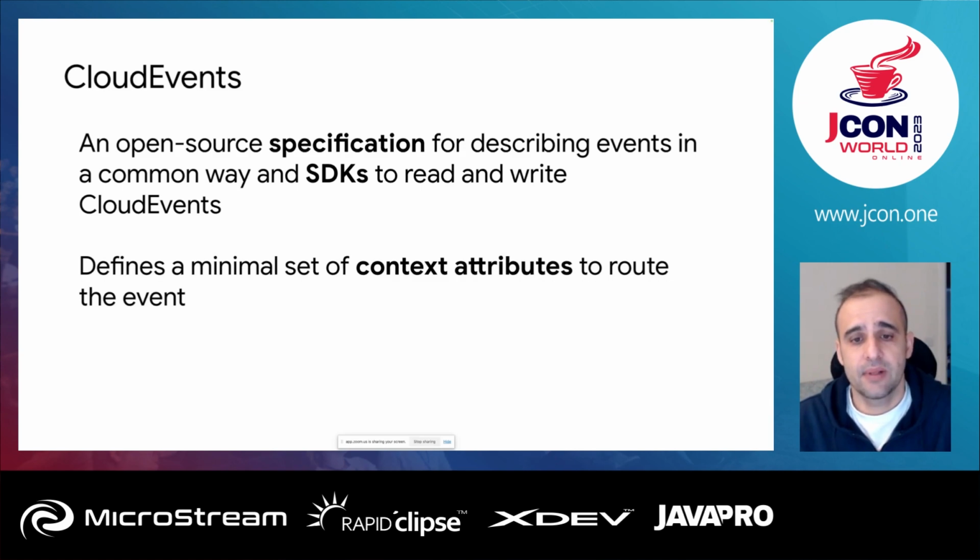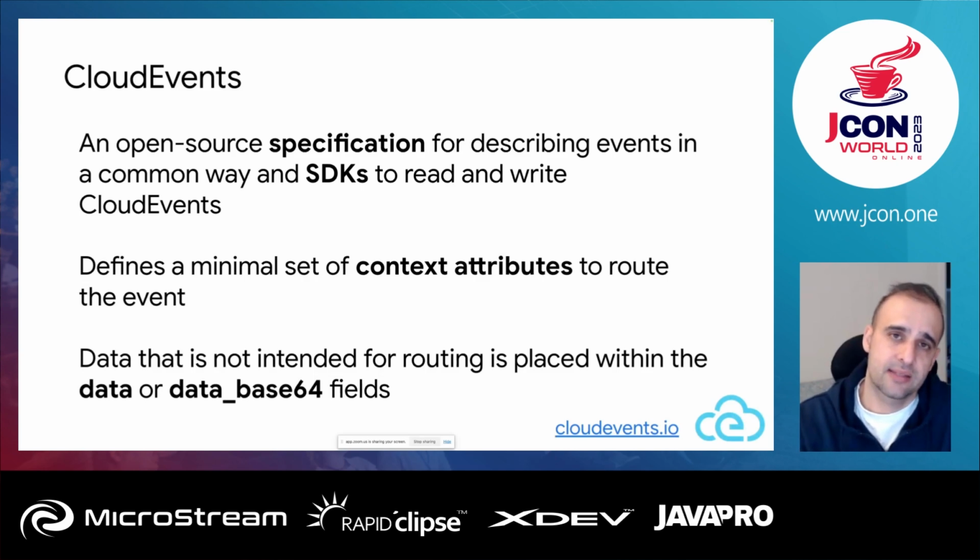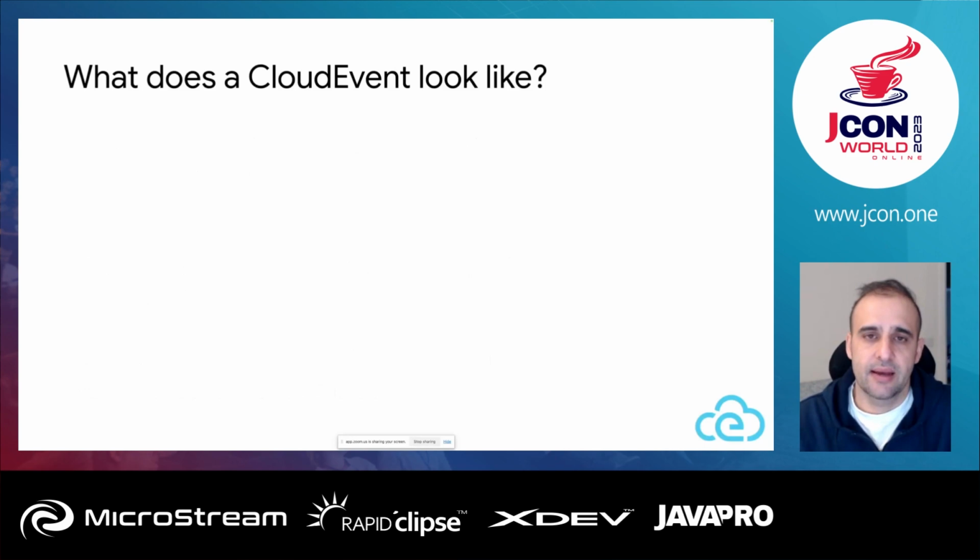It defines a minimal set of context attributes, and these attributes are used to route the event. So that's kind of the envelope of the event. And it also has this notion of data, or data base64, where you can put any kind of payload for your application, basically. So how does a CloudEvent look?